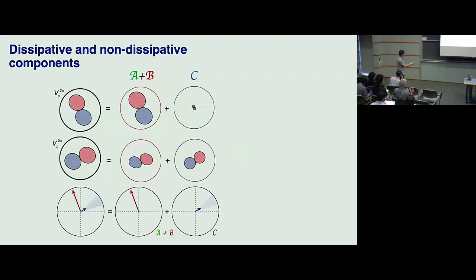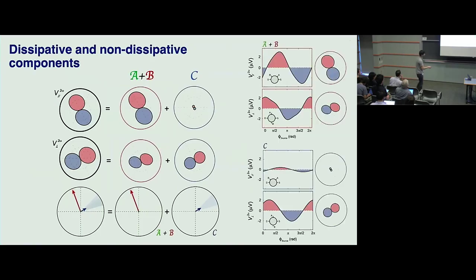The B vector, the red one, is perpendicular to the C vector, right? Even though the C vector seems to be much shorter than the B vector, if you look at their Cartesian plots, the transverse response of the nonlinear Hall effect actually is comparable to the dissipative component.